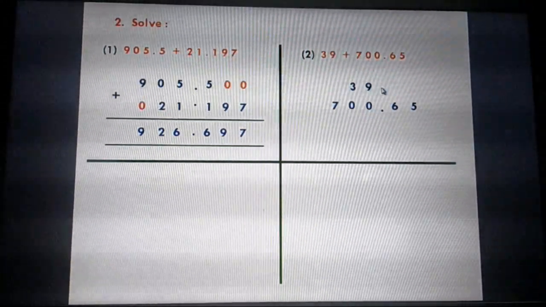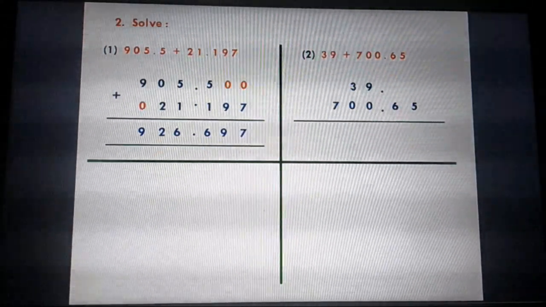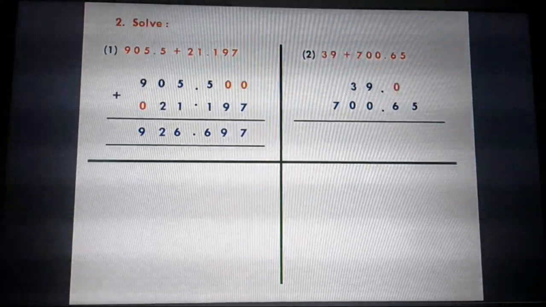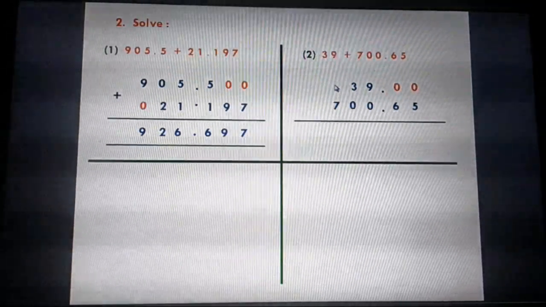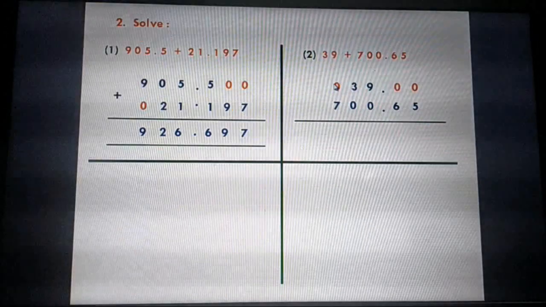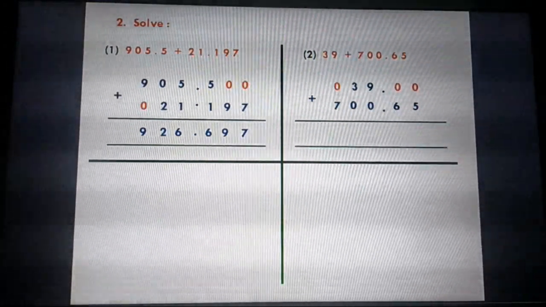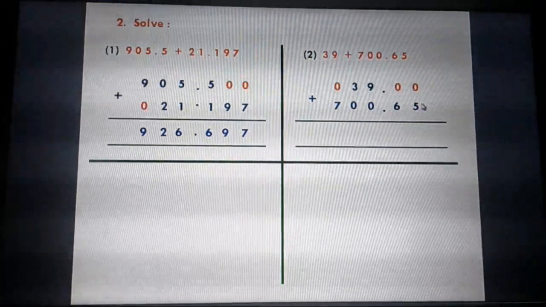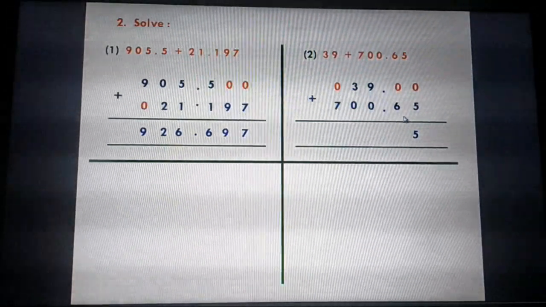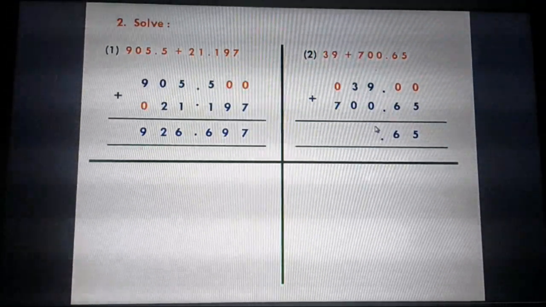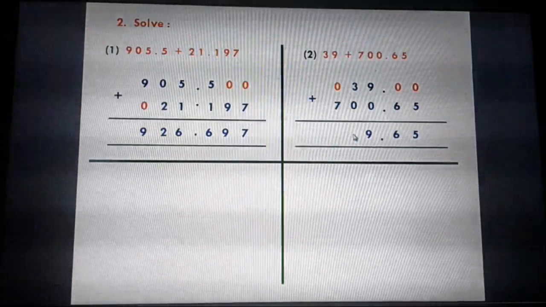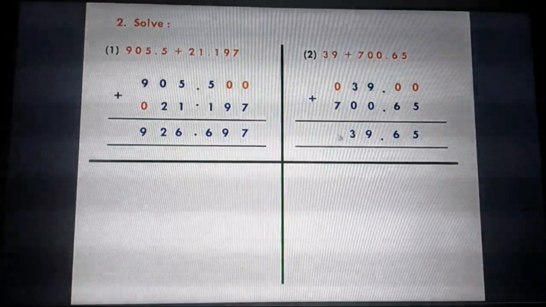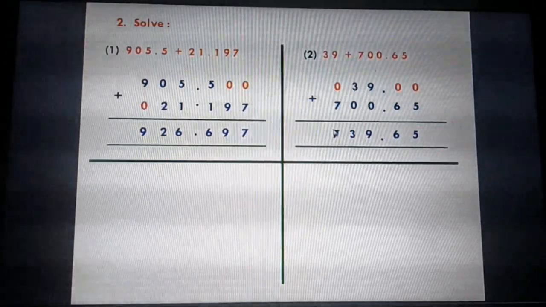So very first you put the decimal there and then you put 0 and 0. Now look here, there is also no number. So again I will put 0. Clear? Now I will add 0 plus 5, 5, 0 plus 6, 6, then this decimal, 9 plus 0, 9, 3 plus 0, 3, and 0 plus 7, 7.